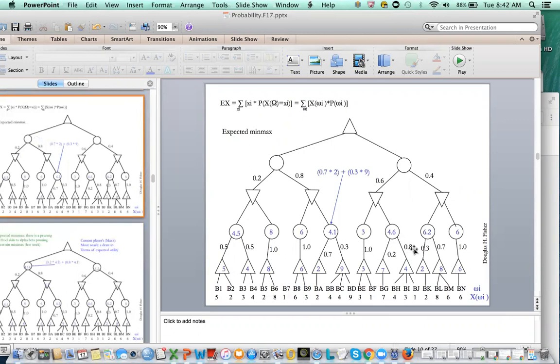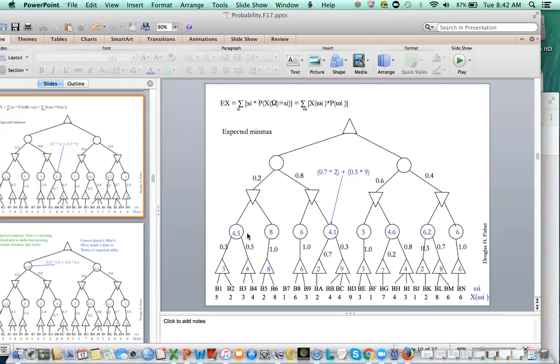But these maximizing values are only obtained, and I'm looking at the next slide now with the third level down filled out, these values of 5, 4, 8, 6 at the very bottommost level are only achieved with a certain probability each.